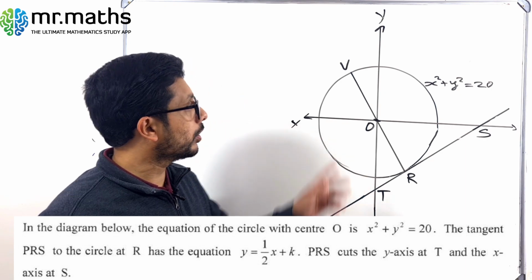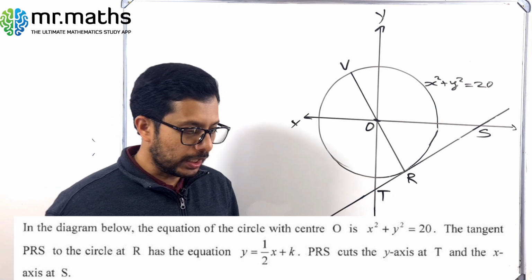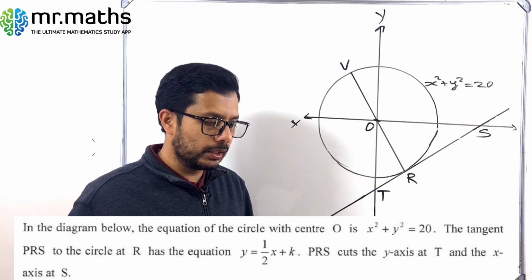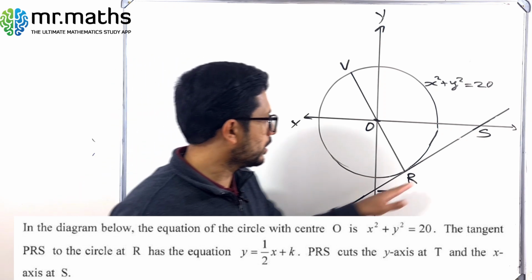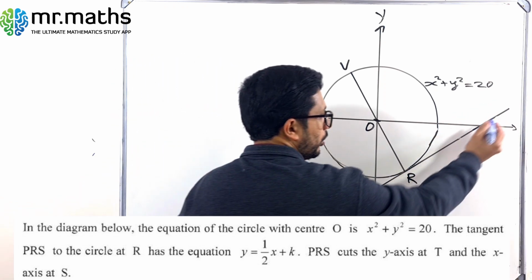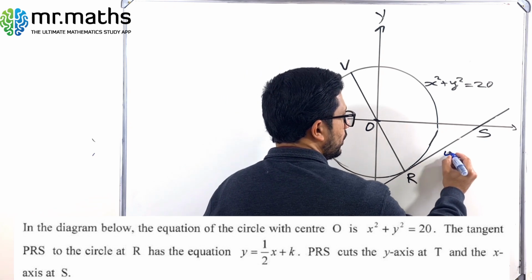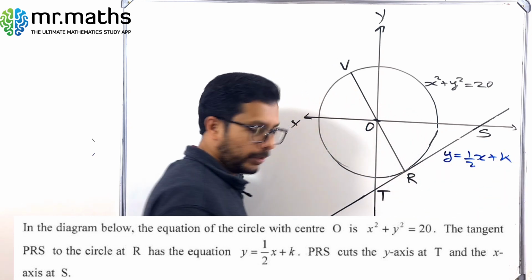The tangent PRS to the circle at R has equation y is equal to half x plus k.